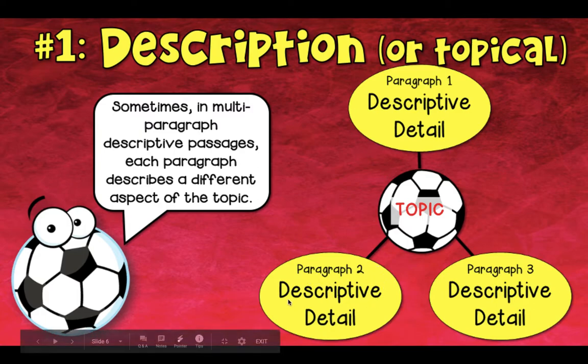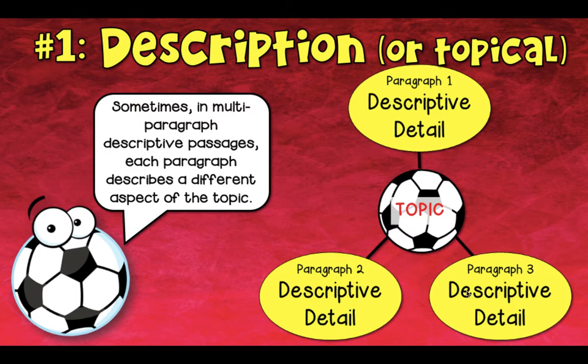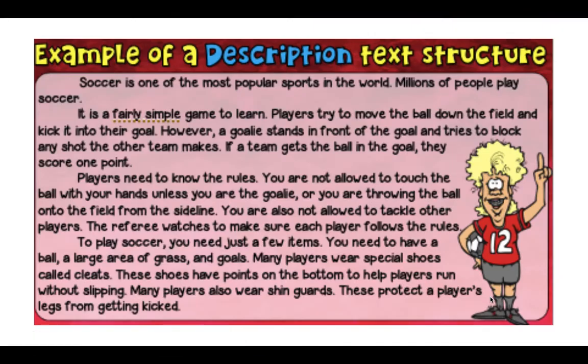Then you can talk about all of the different countries where soccer is being played. Paragraph 3 could be a different topic about why people probably play soccer, okay? So we have our sentences. I'm going to go back to the first slide. We've got multiple details here, and then you'll combine it into separate paragraphs: paragraph 1, paragraph 2, and paragraph 3, okay?